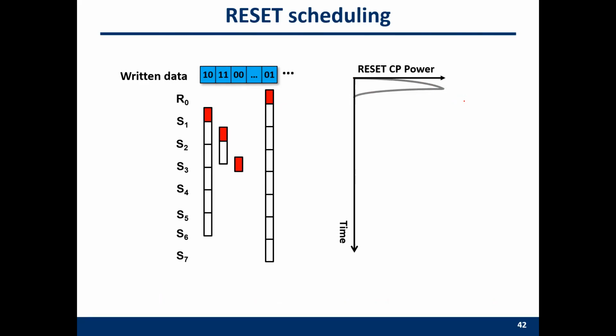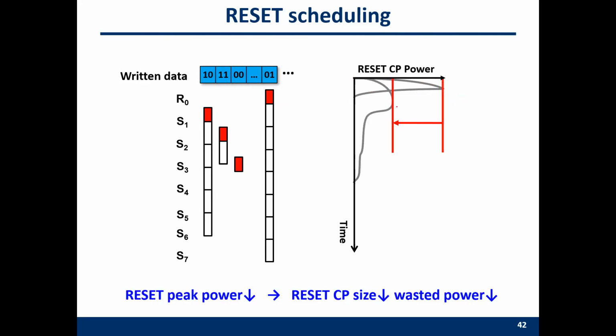We can delay some resets, so we can reduce the peak power like this. We can delay the reset on the cells, on the numbers that will need a smaller number of sets, because these are not on the critical path. Anyway, this one is on the critical path.